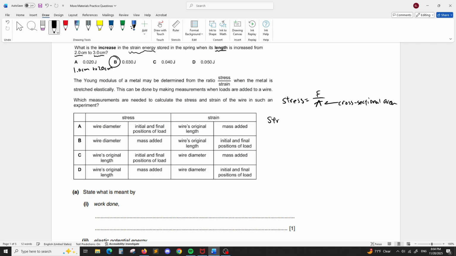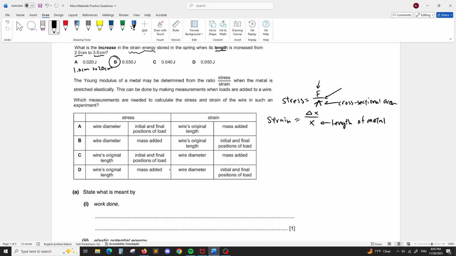Additionally, strain is just the change in x over x, where x is the length of the wire in this case, or of the metal. So when we're looking for the force and the area, we have to know the area of the wire as well as the force applied onto it.